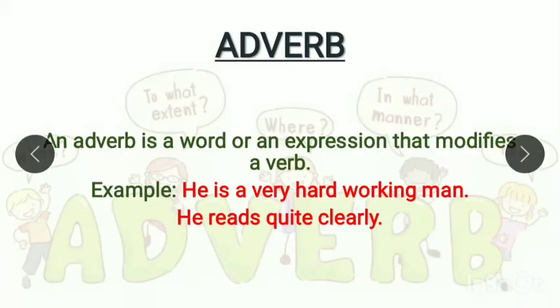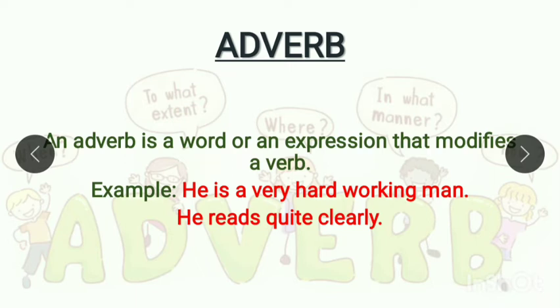Next one, adverb. Adverbs are words or expressions that modify a verb, or describe or give additional information about verbs. In adjectives, we say that adjectives are qualifiers of nouns and they come before the noun. Here adverbs are qualifiers of verbs but they come after the verbs.